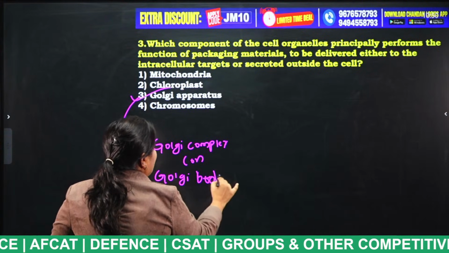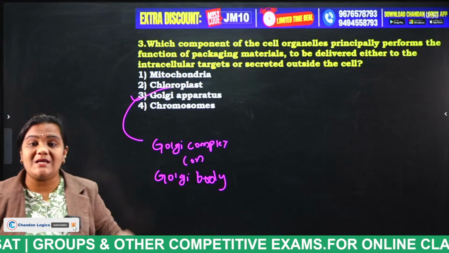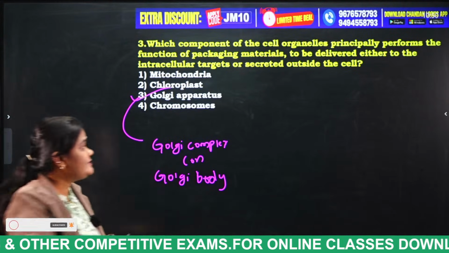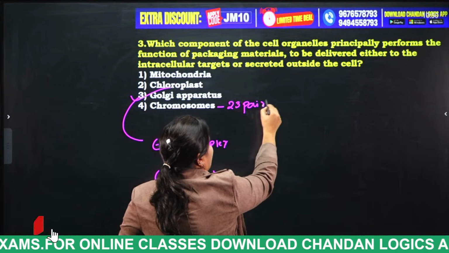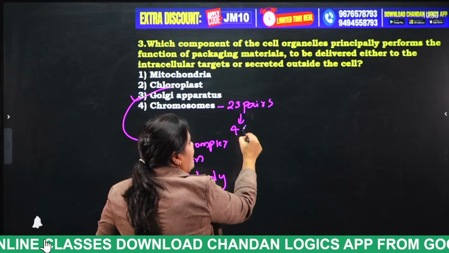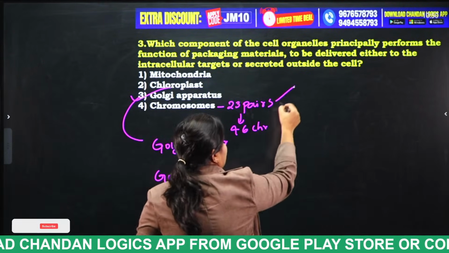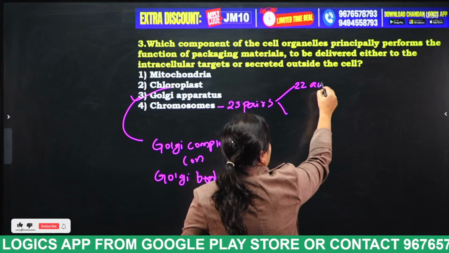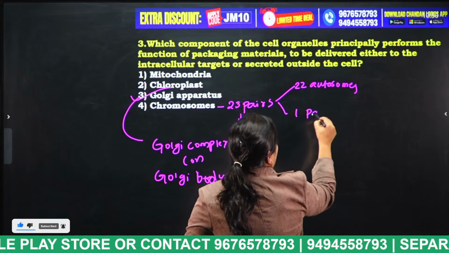Okay, so what do you mean by chromosomes in our human beings? How many chromosomes are present, students? 23 pairs of chromosomes are present. 23 pairs means in total 46 chromosomes. Out of 23 pairs, 22 pairs are autosomes, and 1 pair is what, students?